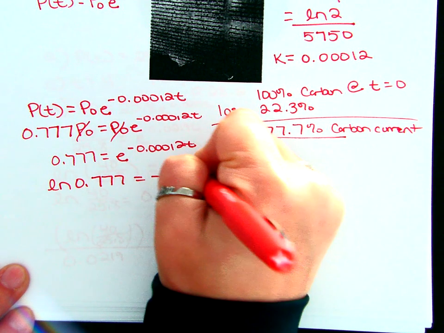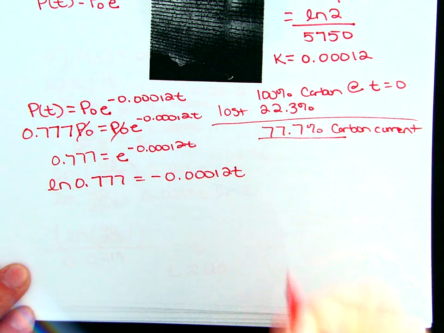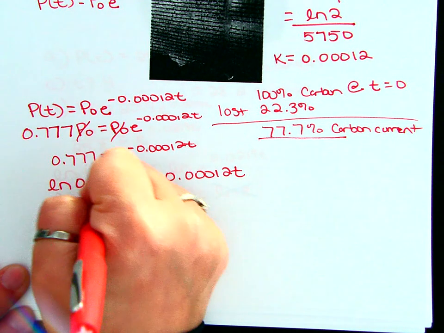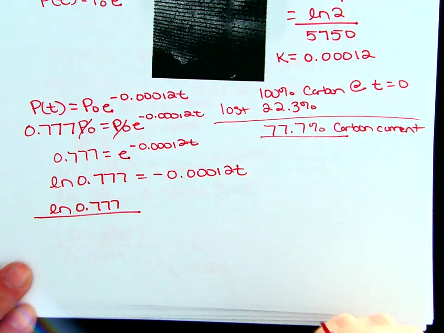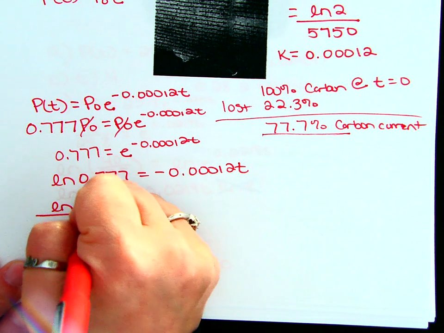So ln of 0.777, divided by negative 0.00012. Lots of repetitive numbers on this one.